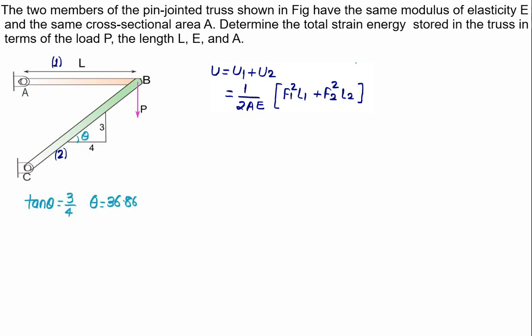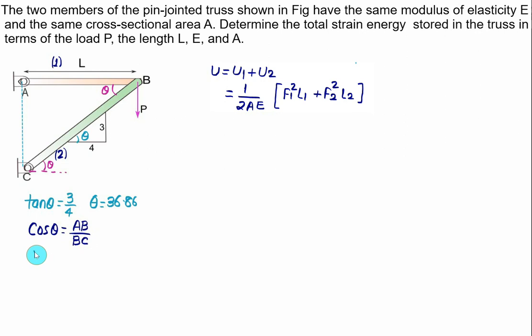If this value is theta, then the adjacent angle will also be equal to theta, and the alternate angle here will also be equal to theta. So this time the length L2 is the hypotenuse, L is the adjacent side, theta is known, so we can use cos of theta. So cos of theta is adjacent length, that is AB, over the hypotenuse, that is BC.